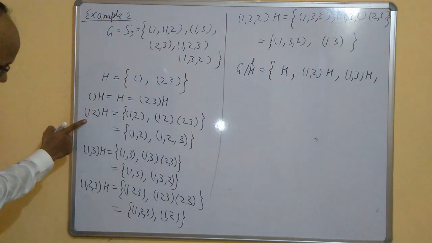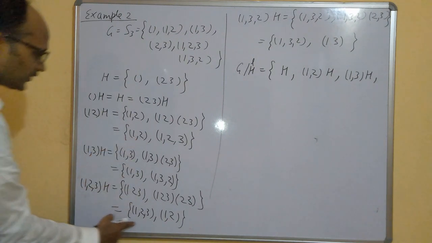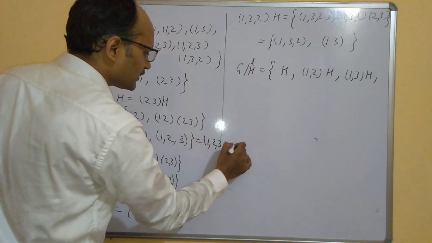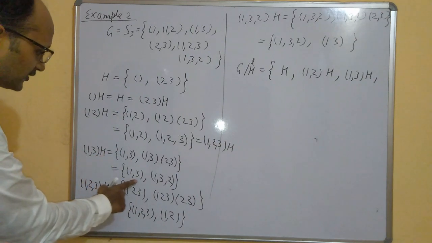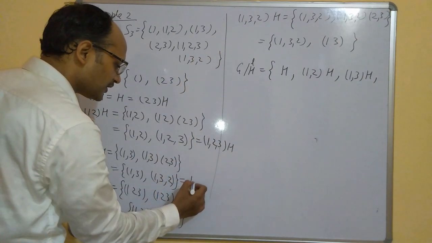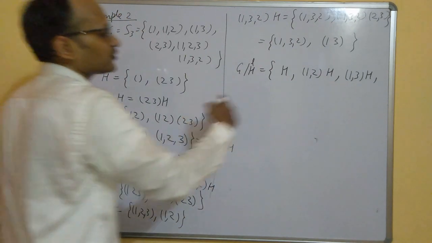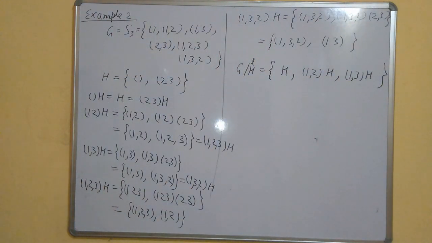And what about these two? These two are same, so this is same as (1 2 3)H, so we will not write it. And now (1 3)H and (1 3 2)H are same, so we will not write it. So this is the set of all left cosets of H in G.